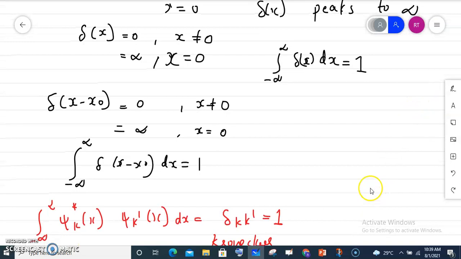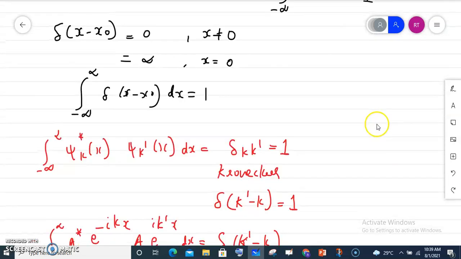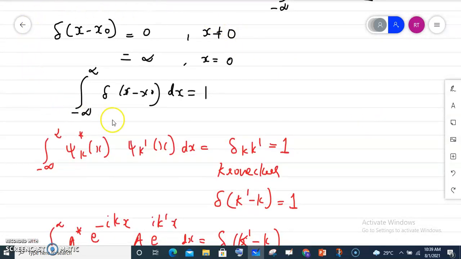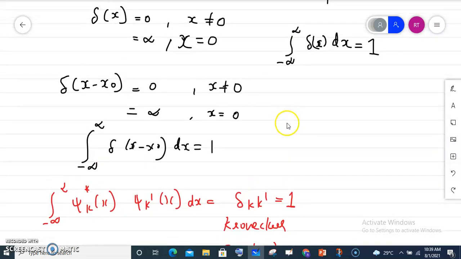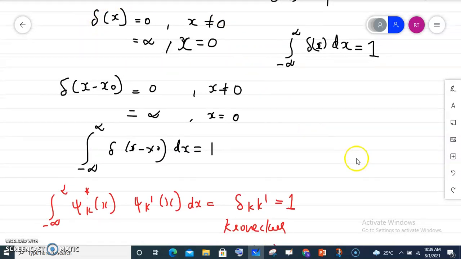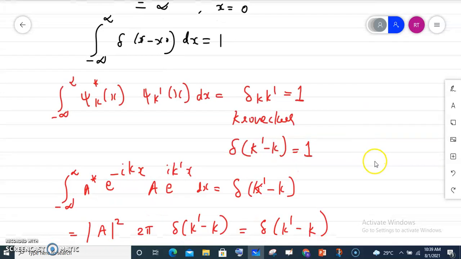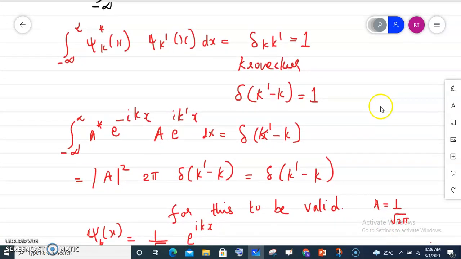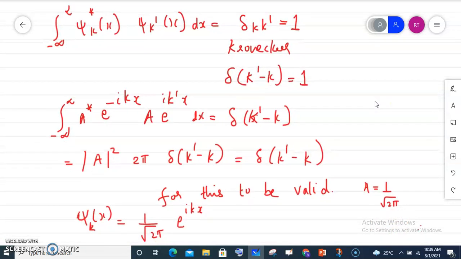This is another way of defining the same thing, with another variable introduced like x0. But the condition is the same as the previous one I have just explained. Now let us see how we are going to apply the Dirac delta function for normalizing the free particle wave function.